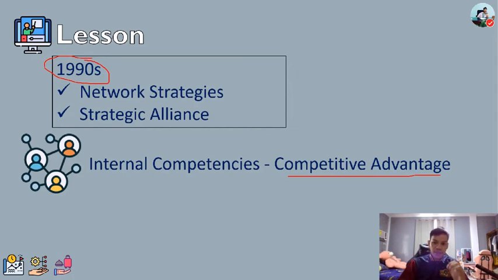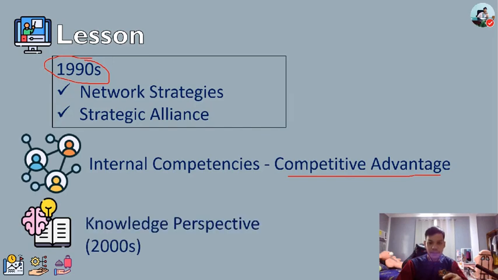So the process continues using the knowledge perspective from the 20th century, with increased emphasis on corporate social responsibility.